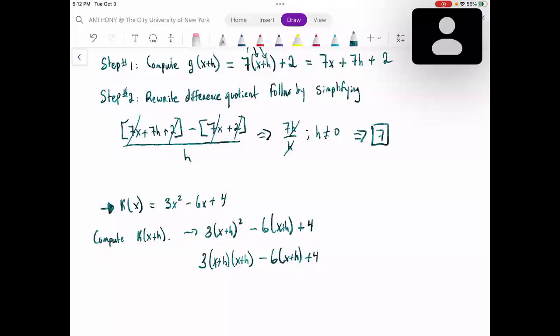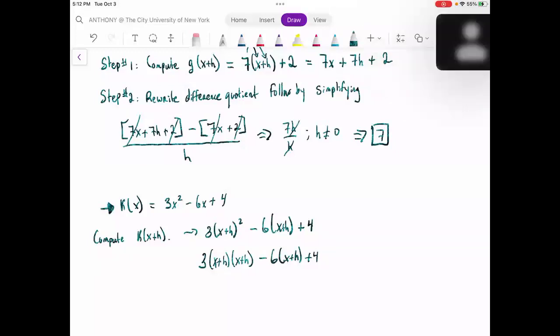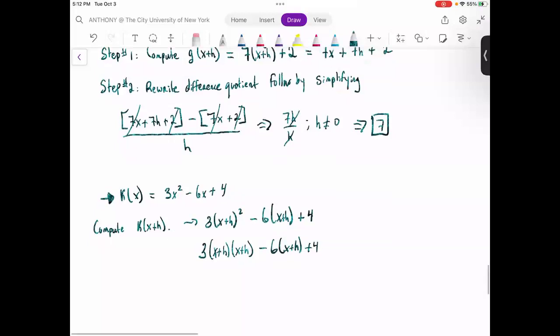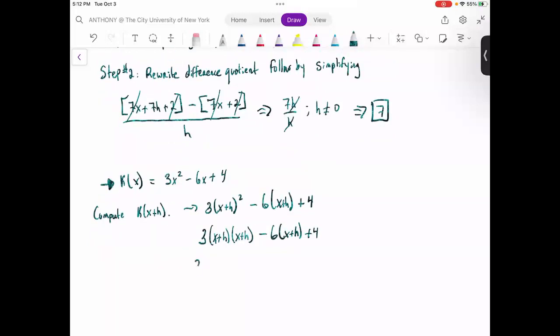Okay. All right. So we expanded. So x plus h squared, you can rewrite it as a product of x plus h times itself. This allows me to do the foiling technique. So the way that foiling works is the following. We're going to have 3 open parentheses, x times x. That will be x squared.